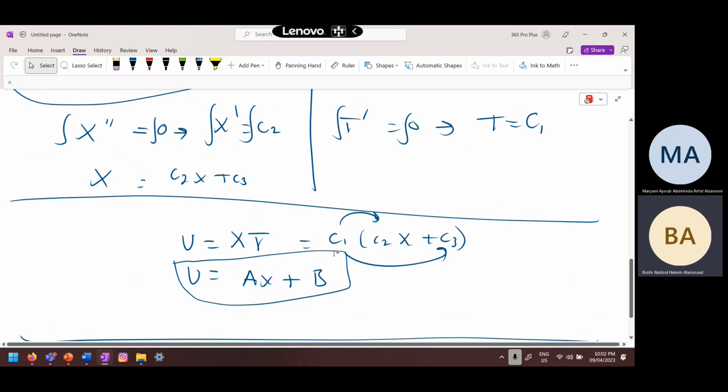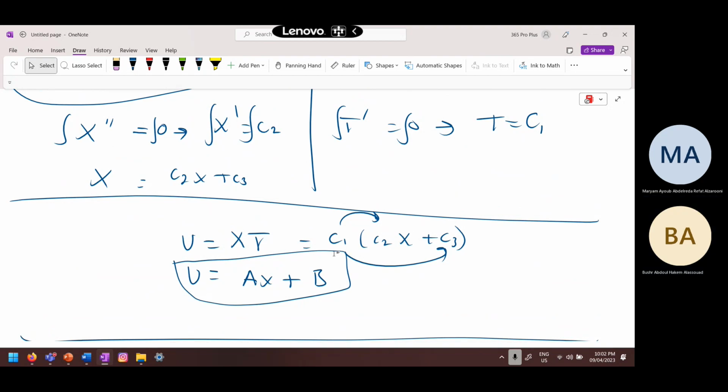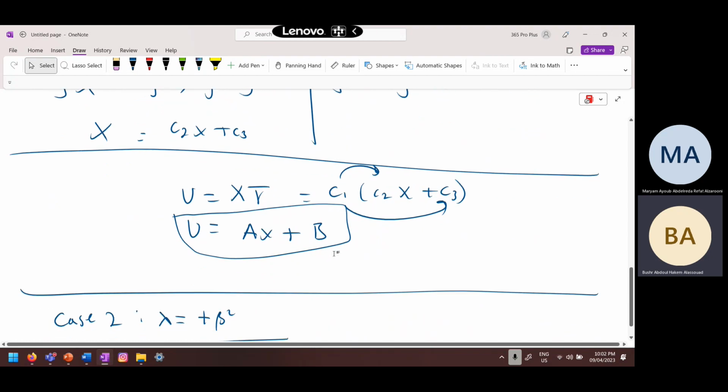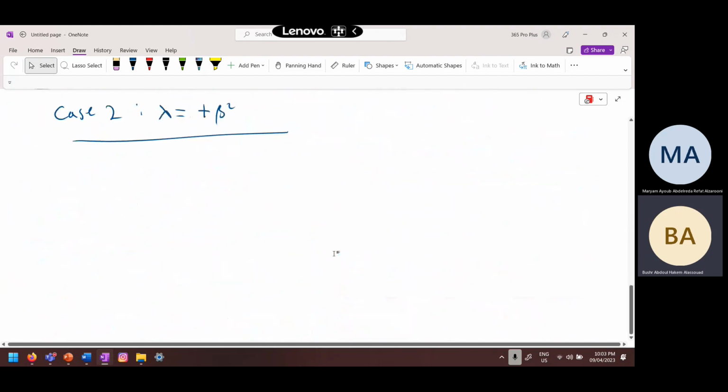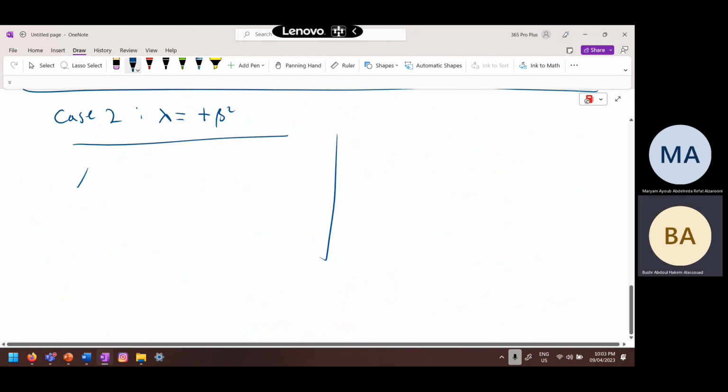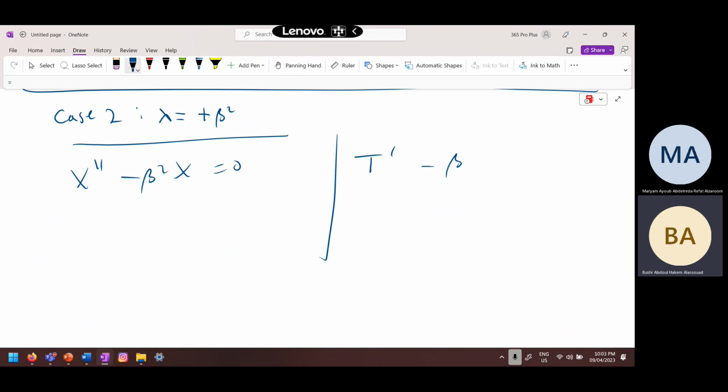Okay, this will give you, sorry, I'm a bit lost. I don't like to scroll a lot. Okay, so this will give you X double prime minus beta square X is equal to 0. T prime minus beta square alpha square T equal to 0.